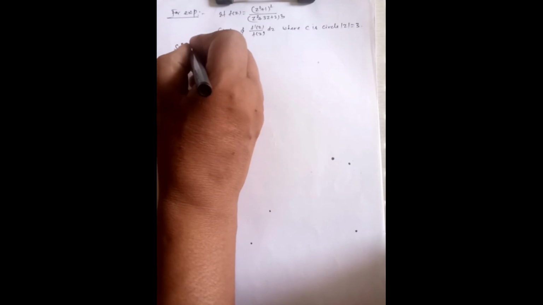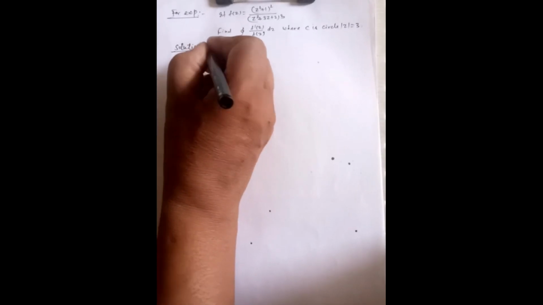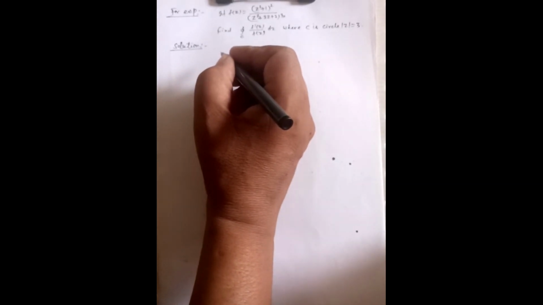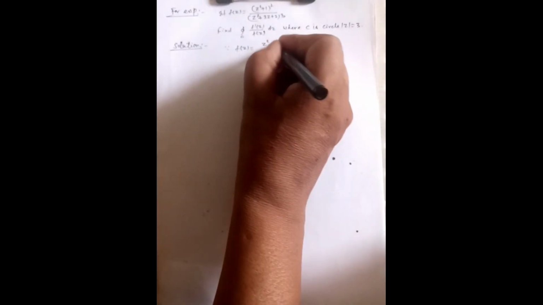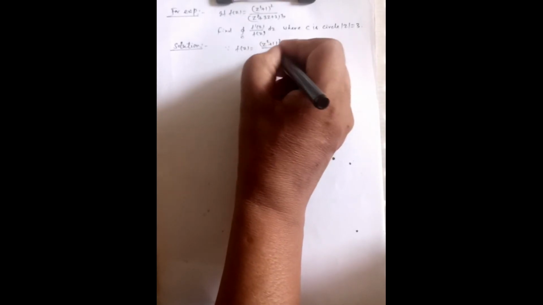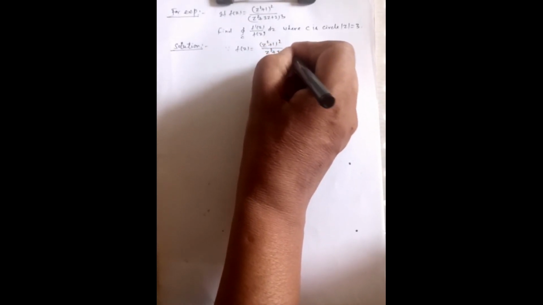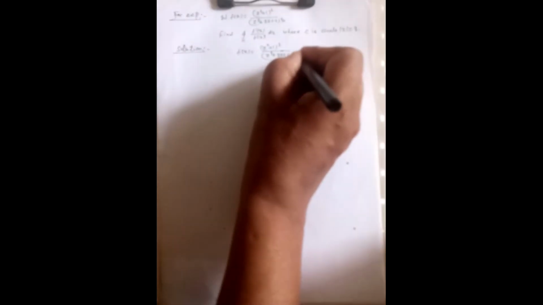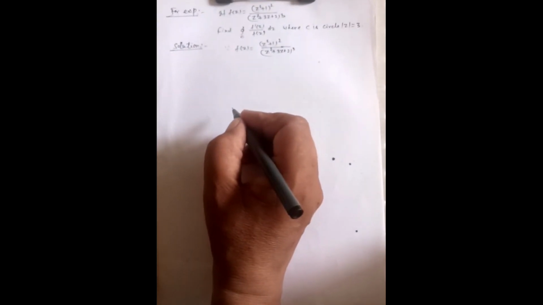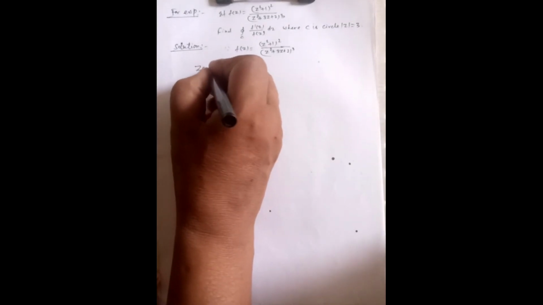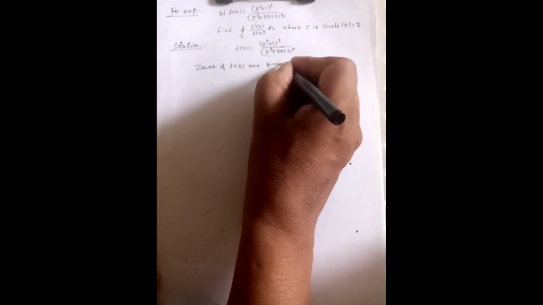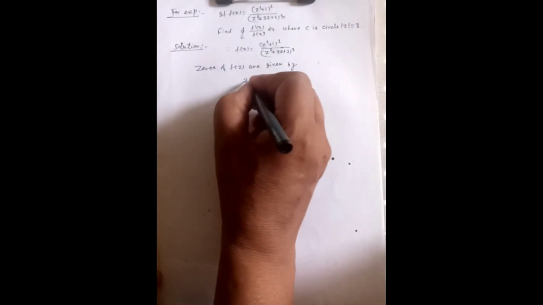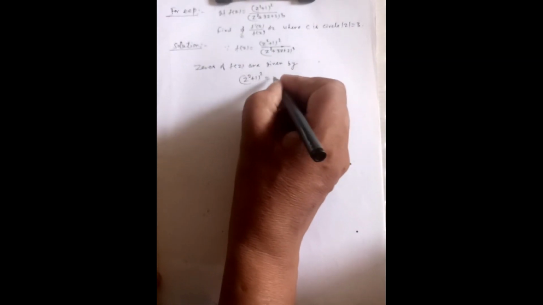Solution: since f(z) equals (z squared plus 1) whole squared upon (z squared plus 3z plus 2) whole cubed, the zeros of f(z) are given by (z squared plus 1) whole squared equal to 0.